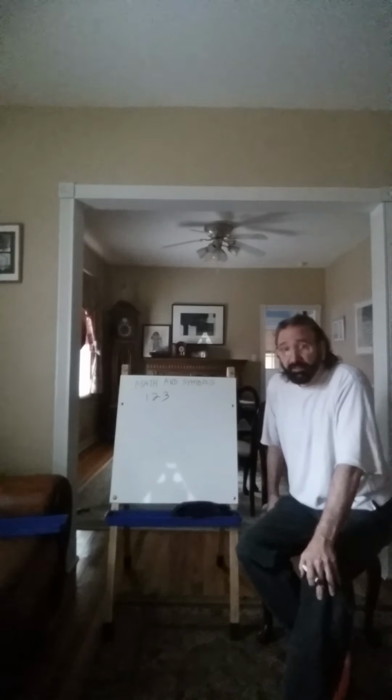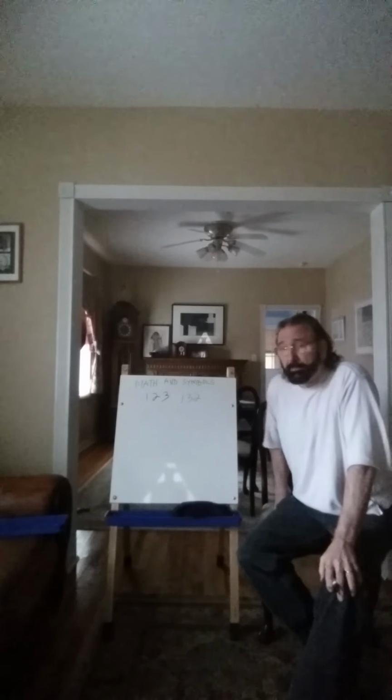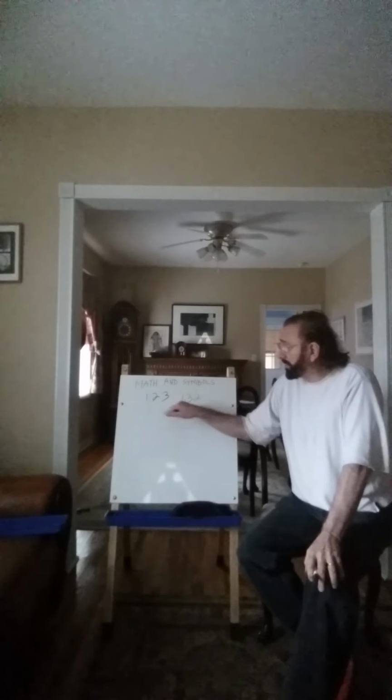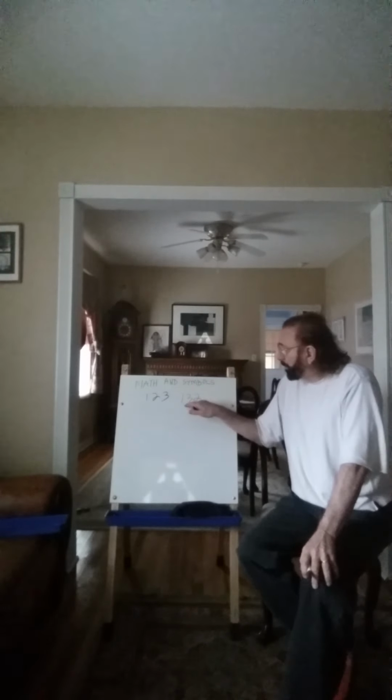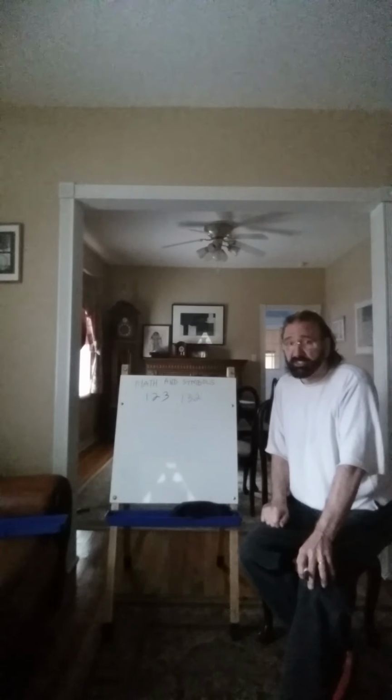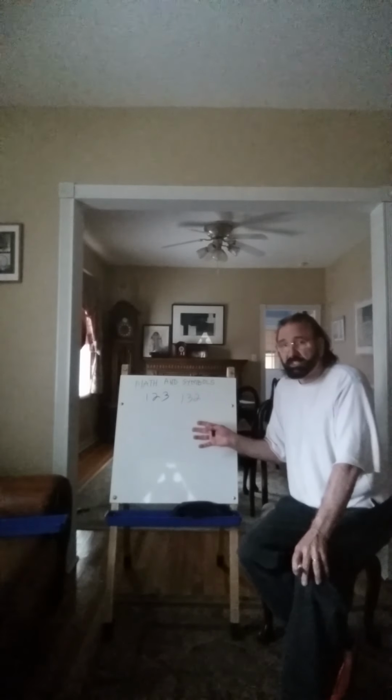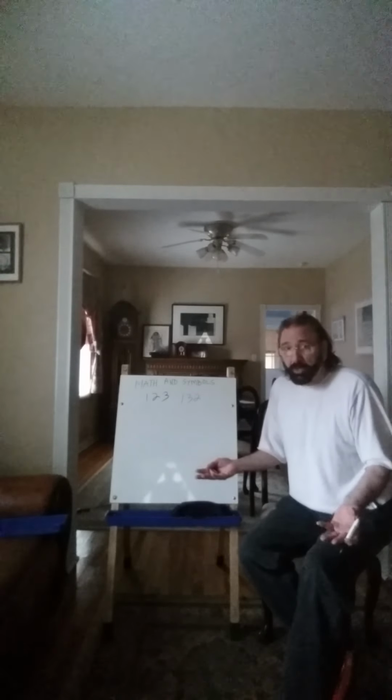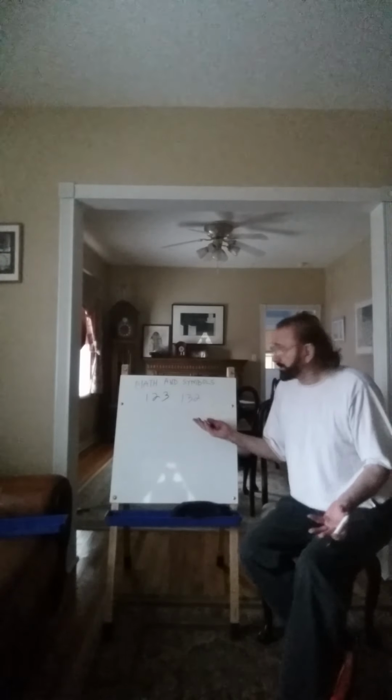If I showed you this, these would be different numbers, right? 123 is one number, 132 is another number. If I switch the digits, remember we know the difference between digits and numbers, I get a whole new number, which is larger.